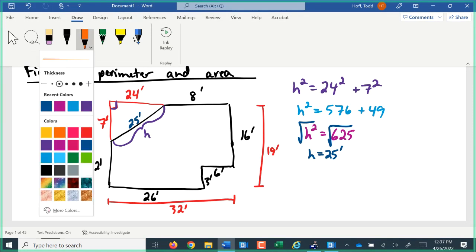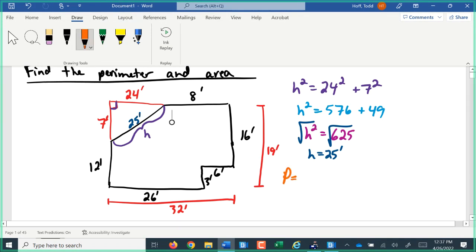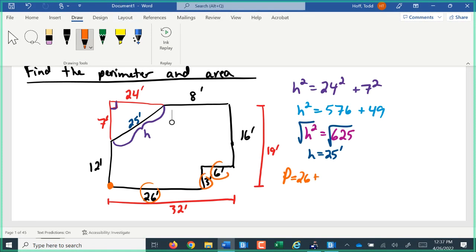But to find my perimeter, I add up the lengths. I just pick a spot and I go around the figure. So let's say I start here at 26, plus 3, plus 6, plus 6, plus 16, plus 16, plus 24, plus 8, plus 25. Why don't I add in the 24 and 7?